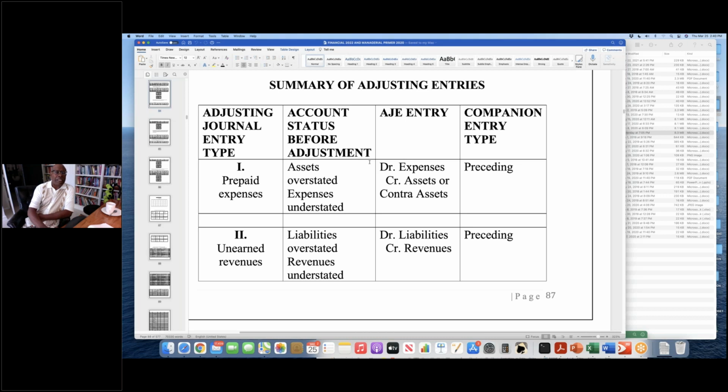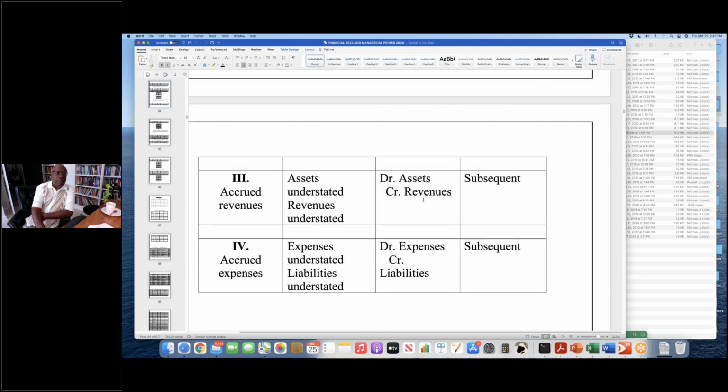Okay. So in these first two adjusting entries, prepaid expenses and unearned revenue, there is a preceding entry that involves cash. Then the adjusting entry comes later. And we'll probably start off with the accruals today.